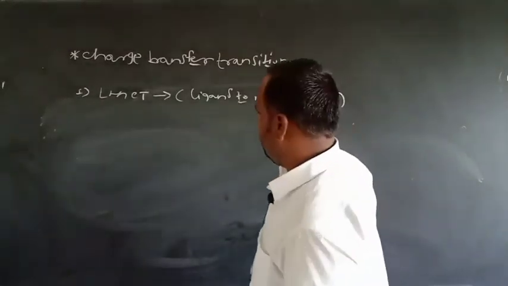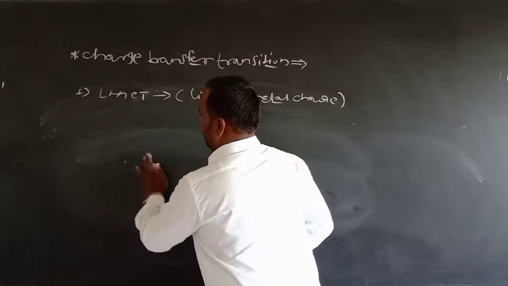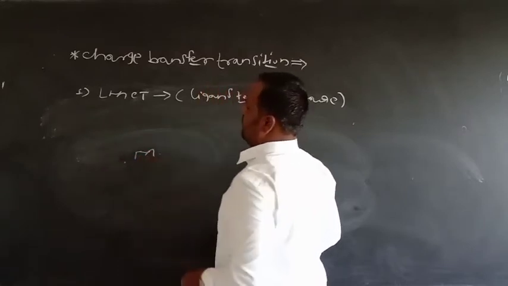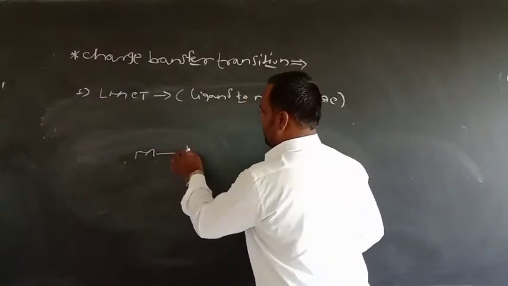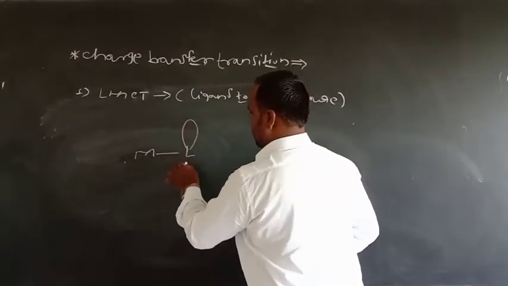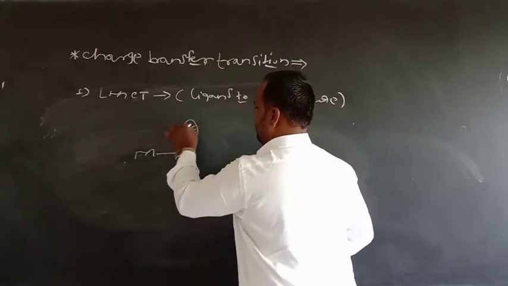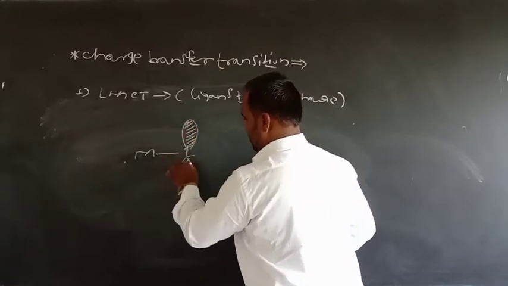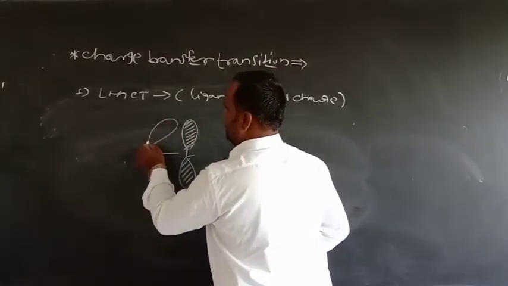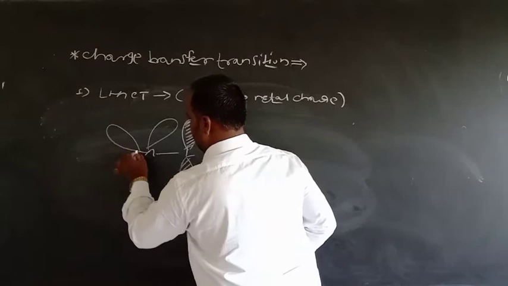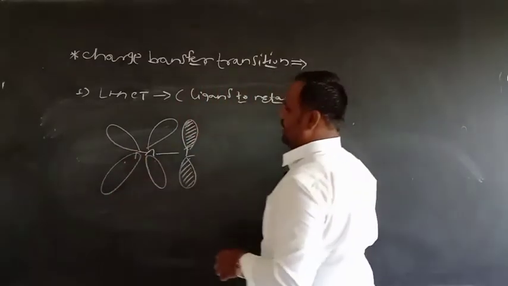So if you consider a metal, this is ligand to metal charge transfer transition. This is your ligand. In this case, the ligand has a filled orbital and the metal has a vacant orbital.